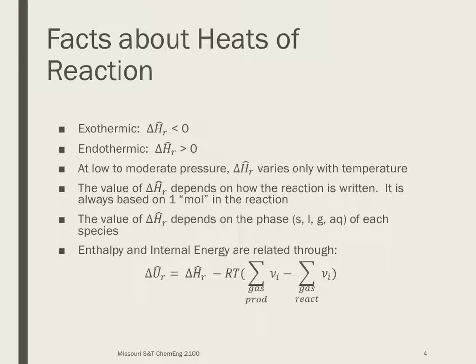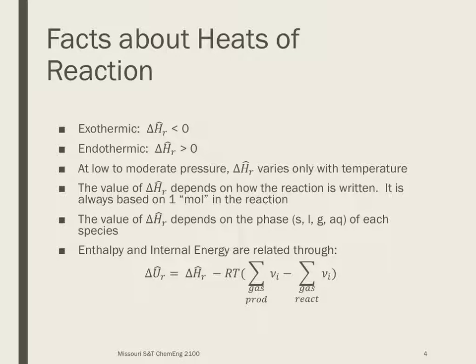Now, just a few facts about heats of reaction. First of all, delta H of R is going to be negative when the reaction is exothermic. If it's positive, it means it's endothermic. When the pressure is low or moderate, meaning near atmospheric pressure, delta H for reactions will vary with temperature, but not significantly with pressure.